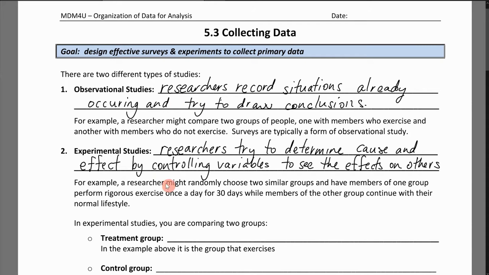So for example, a researcher might randomly choose two similar groups and have members of one group perform rigorous exercise once a day for 30 days, while members of the other group continue with their normal lifestyle.